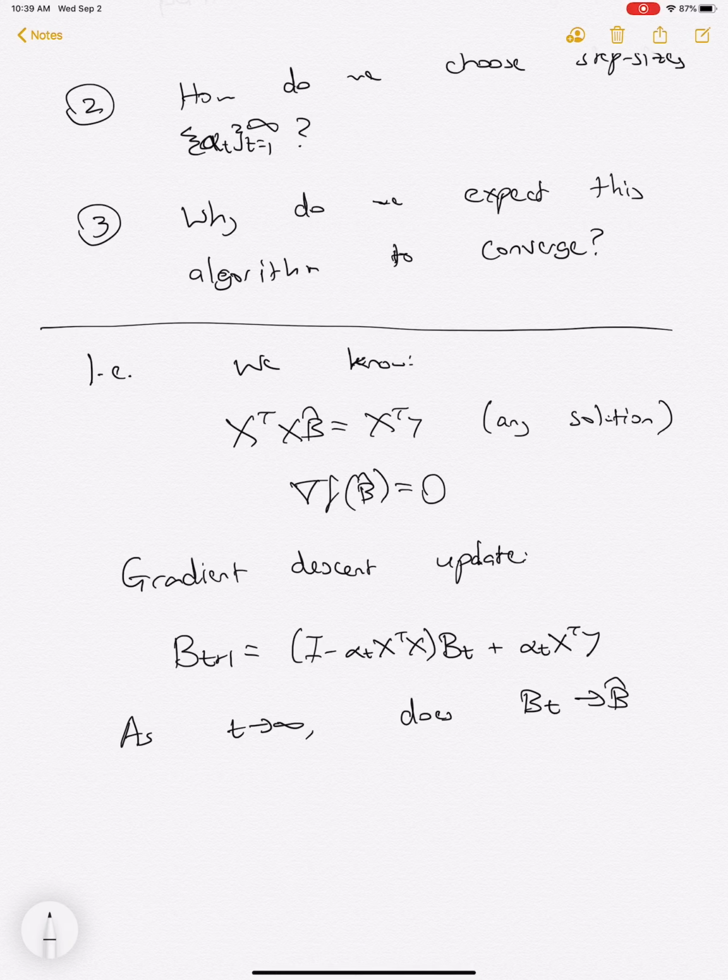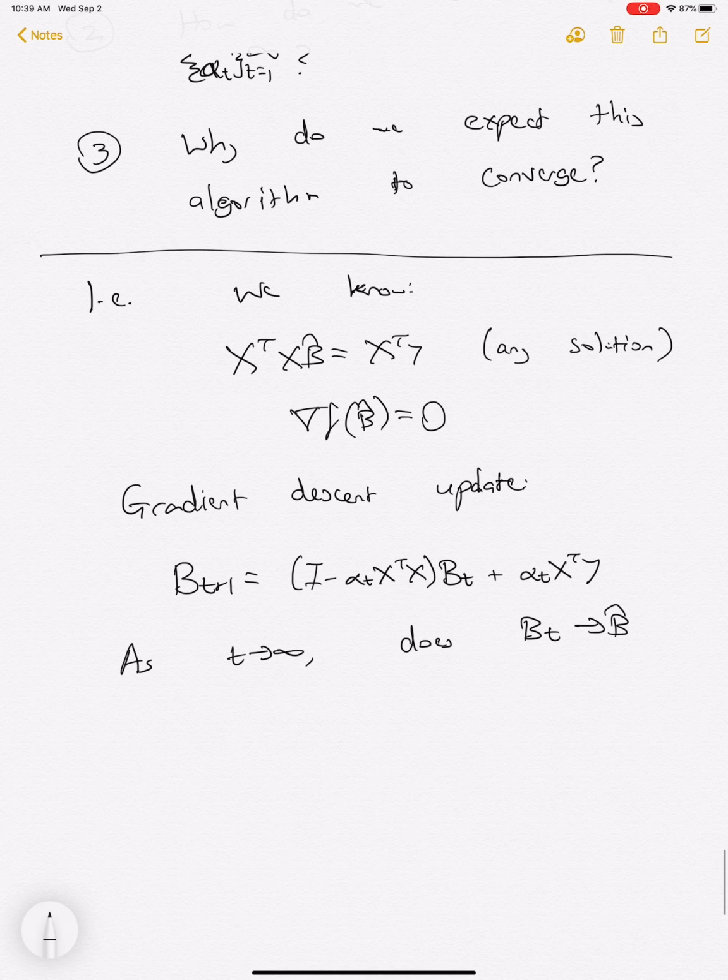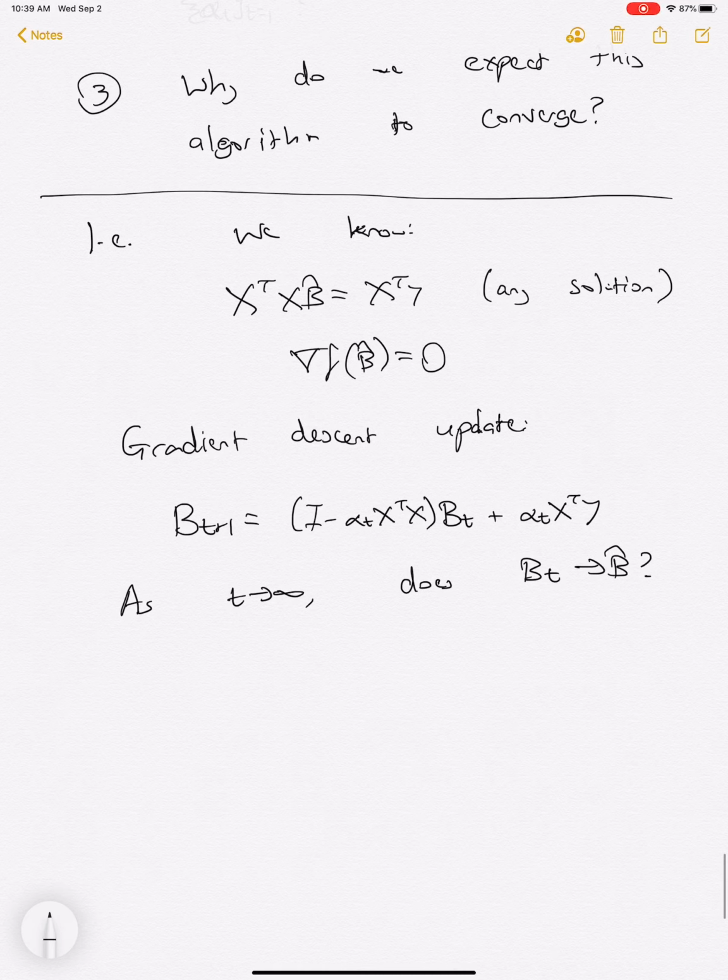Here we're talking about algorithmic convergence. As you run more and more iterations of your algorithm, does bt converge to b hat?